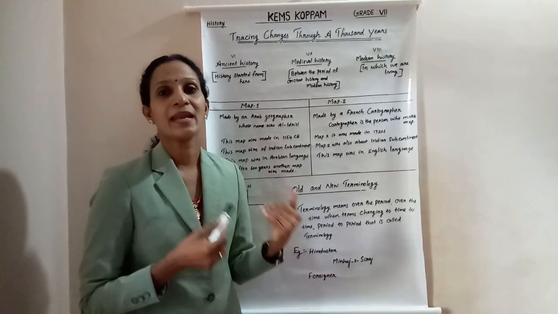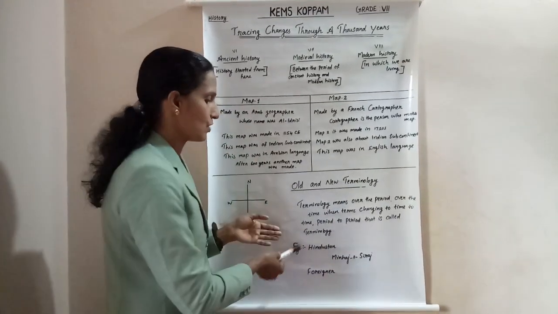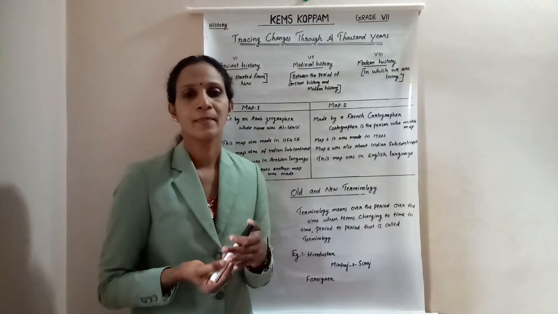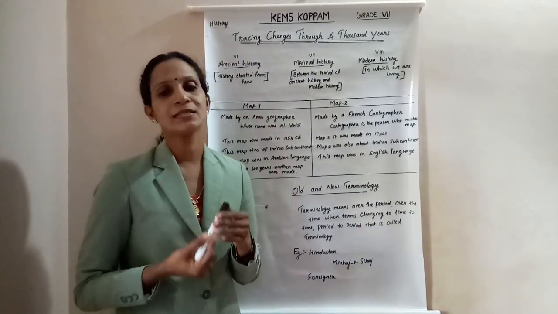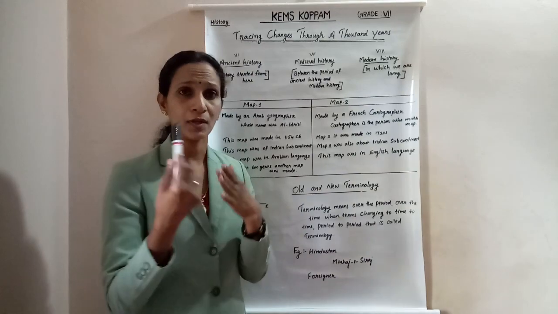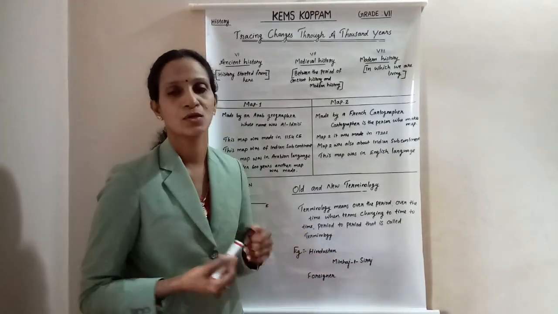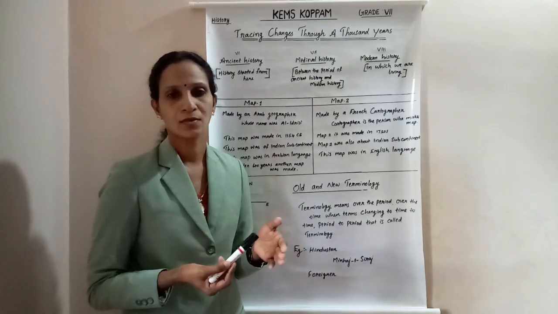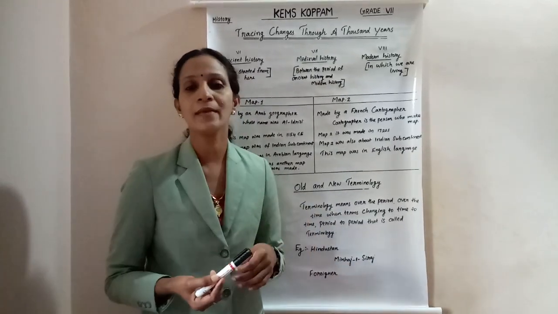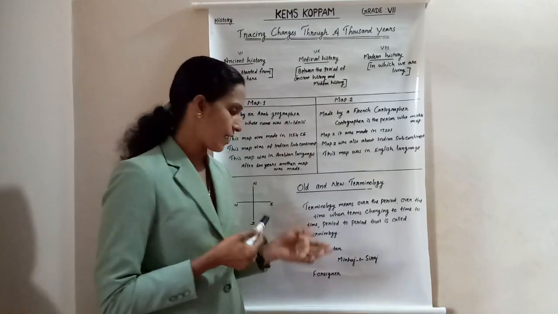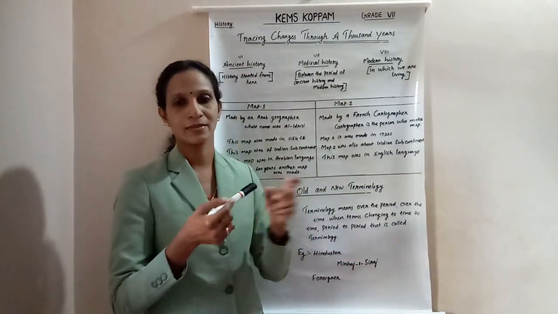We indicate India. But in the 13th century, there was a chronicler, that is a historian, whose name was Minhaj-i-Siraj.